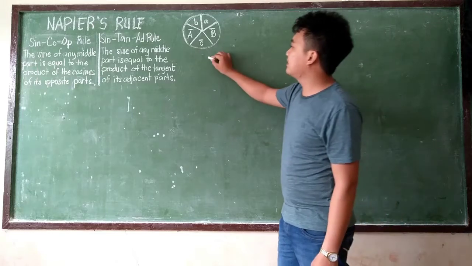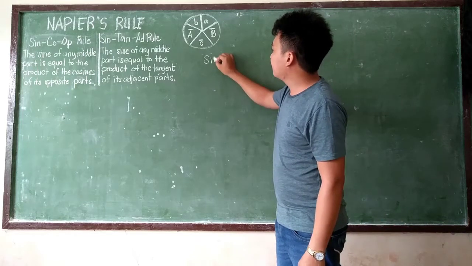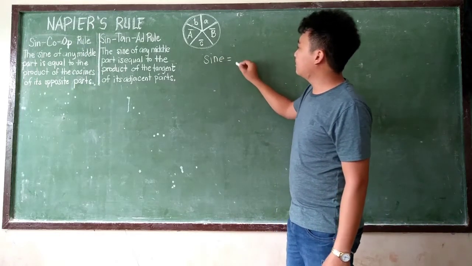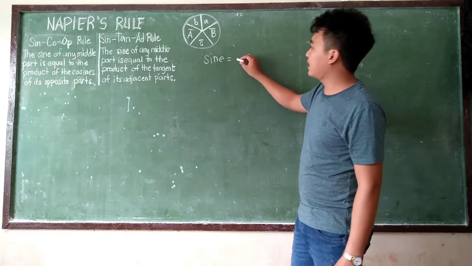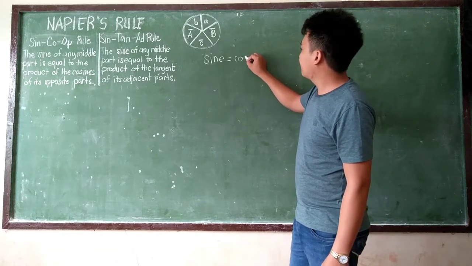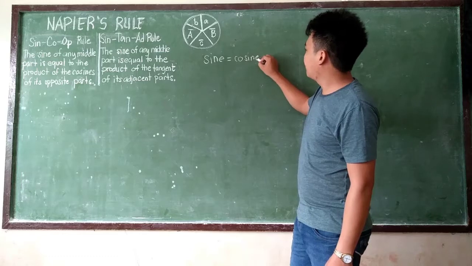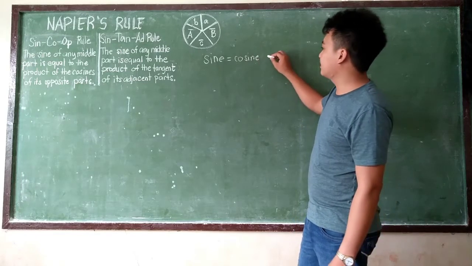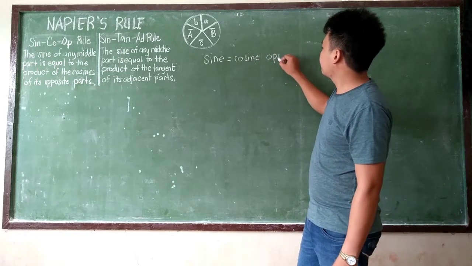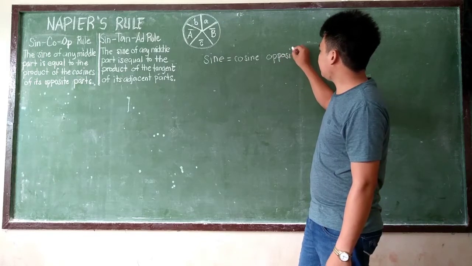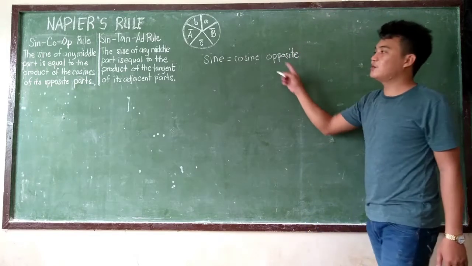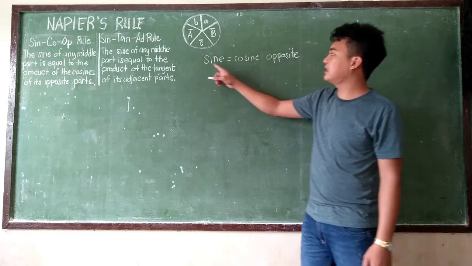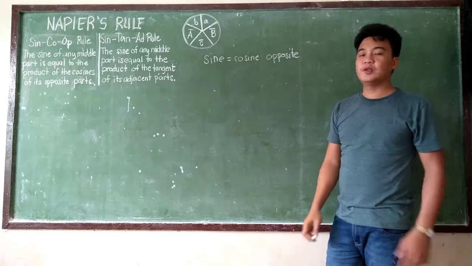So the sine is equal to the cosines of the opposites. That is why it is called the sin co rule.